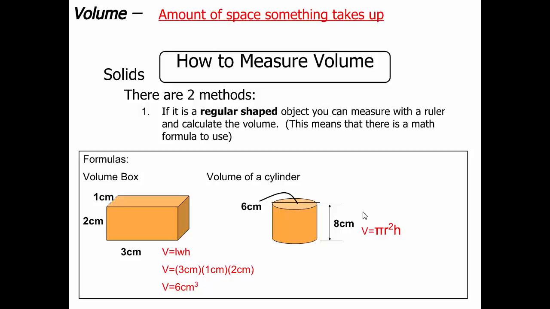We're not going to go over the formula for a sphere, but there are formulas for other shapes. These are the 2 that we're going to focus on, the 2 that you need to memorize. You guys know any other formulas for volume? No? Okay, that's good enough.